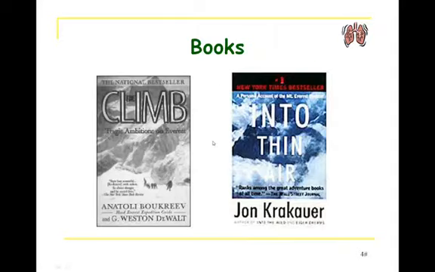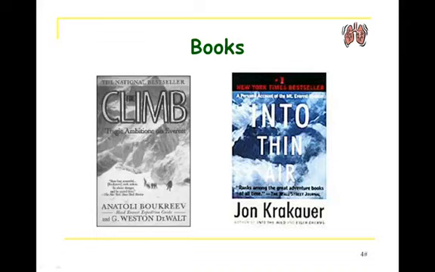Now, here are a couple of books in case you're interested. They're good. They're fun. Not fun, but to me they're kind of fun to read. The Climb by Anatoly Boukreev and Into Thin Air by Jon Krakauer. These books tell the story of the disaster that occurred on Mount Everest, where a freak storm came in and a lot of people died.